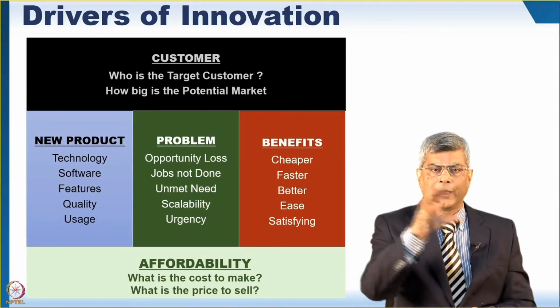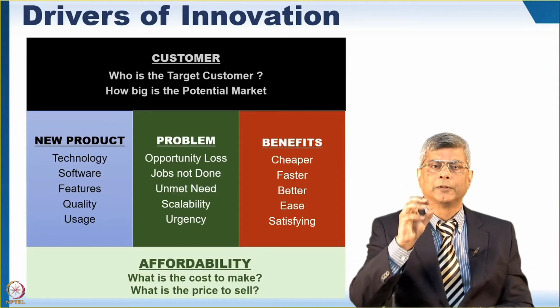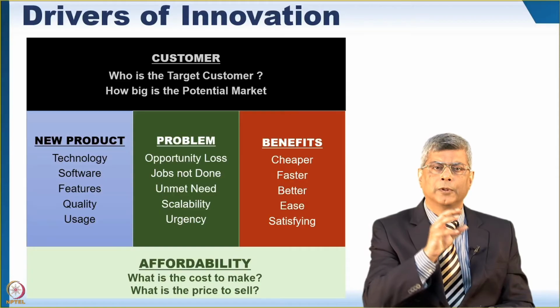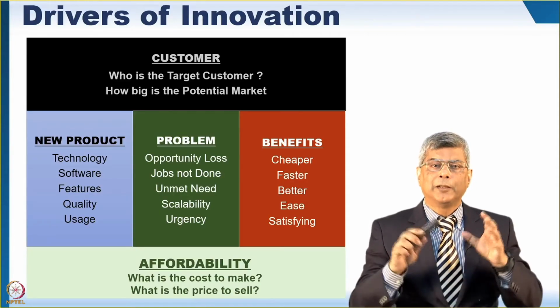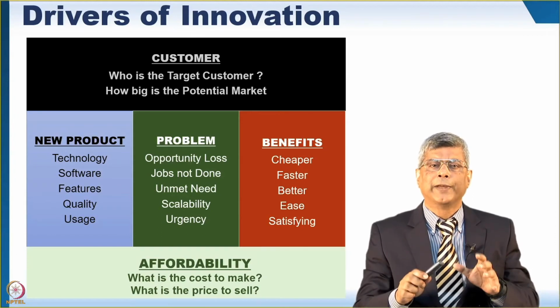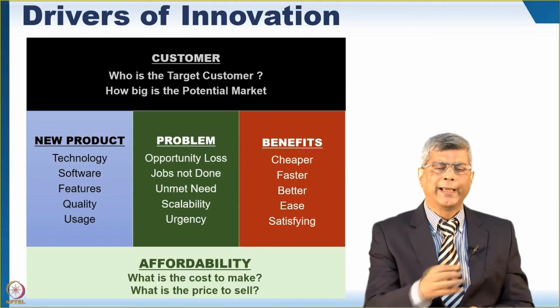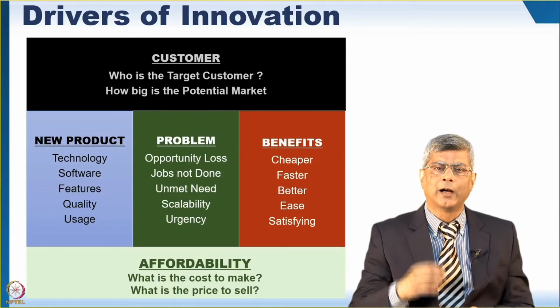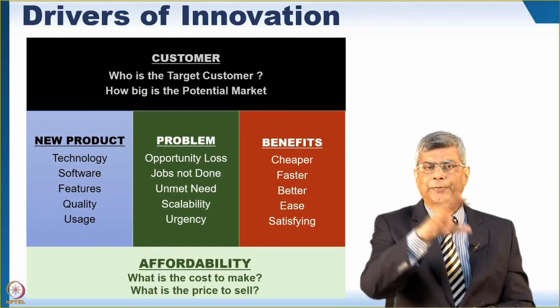Now, once you have done all of these as an innovation process, and identified the customer, understood his problem, created some new products, understood the benefits, there's still a big question around, is my innovation affordable? You can create an excellent watch or an excellent car, which nobody can afford. It satisfied all of this.